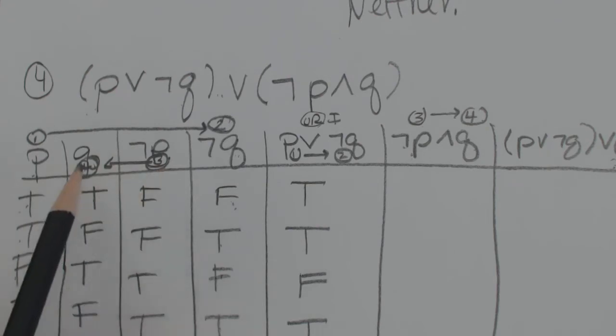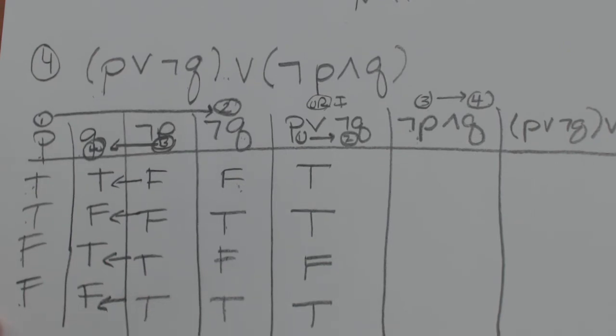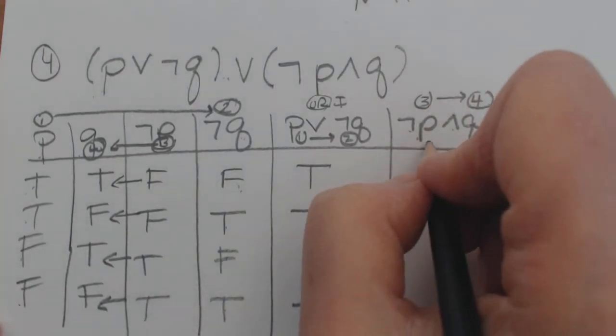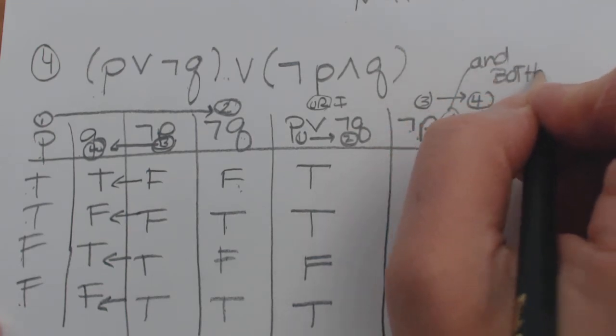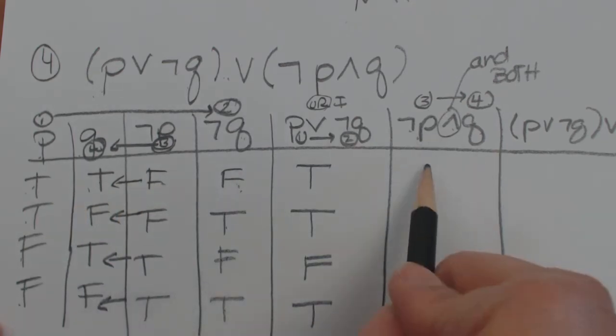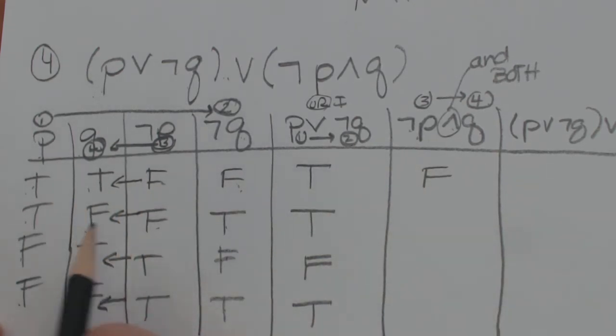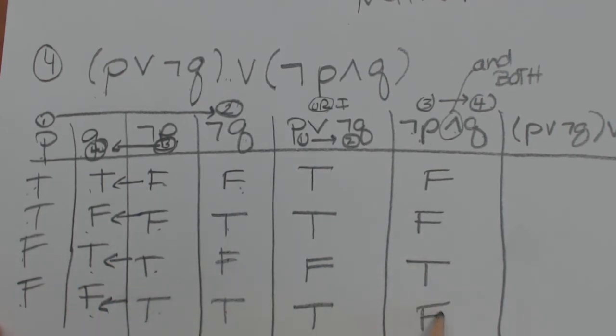So 3 is not P, 4 is not Q. I'm going to be going this way, so you have to be careful. Order matters. This is the connective and, which means both have to be true at the same time. So let's look. False to true, that's false. False to false, that's false. True to true, true at the same time, yes. True to false, that's false.